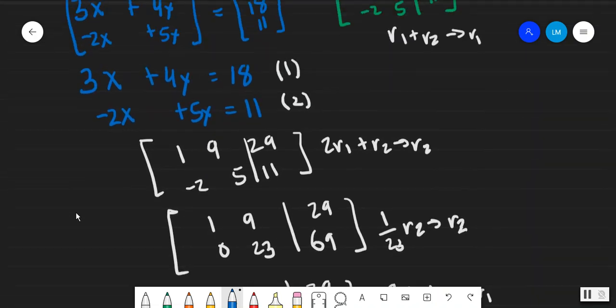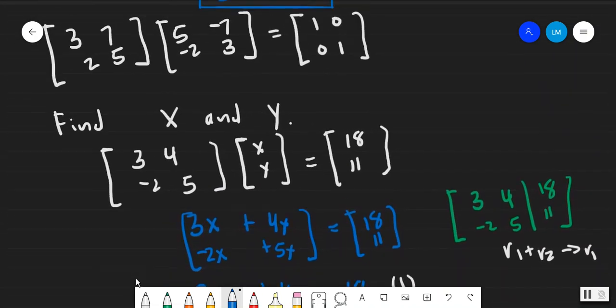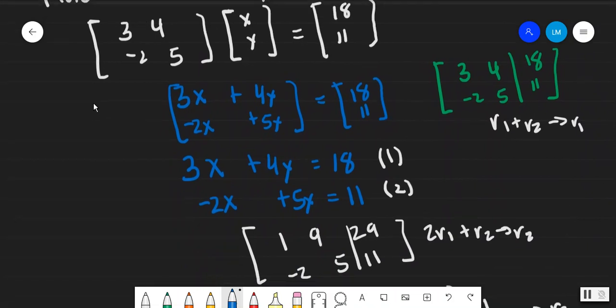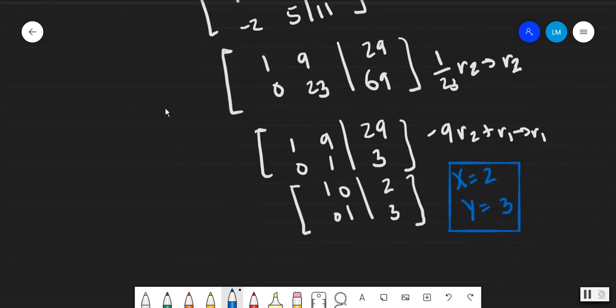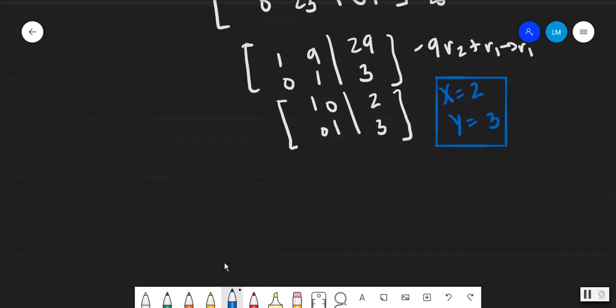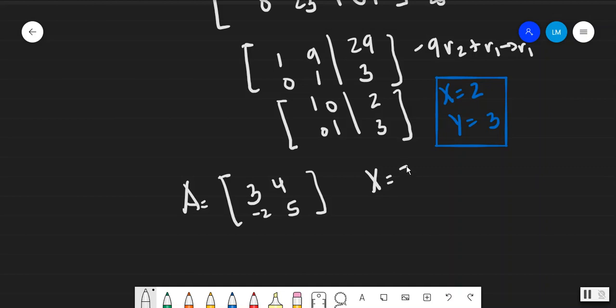Now, notice that one thing you could have done, and sorry that this is a little not straight, is say that A was equal to the matrix [3, 4; -2, 5], and then let's say that x was equal to the matrix x and y, and then let's say that B was equal to the matrix 18 and 11.